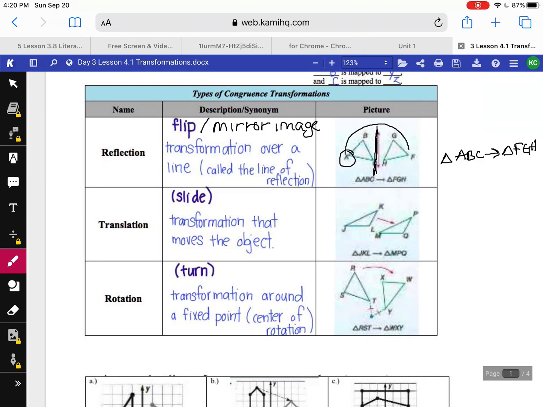Point A was reflected on that line to point F. A is to F. B, I can map it across that line of reflection to G. B and G have that relationship. And then, of course, we've got the C can be related to the H. Now we have our translation, which is to slide.